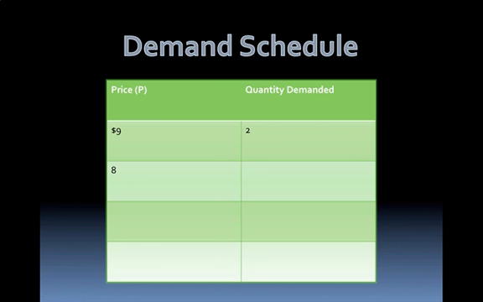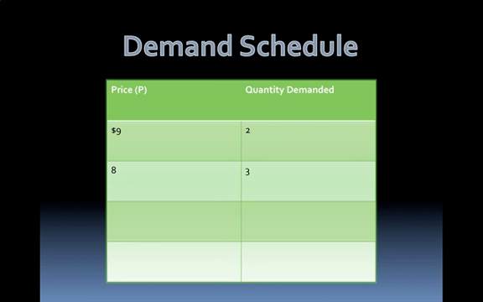And so for $8, the big bargain of $8, I'm going to see how many people are going to want that. Again, I ask people, I walk around, I do what I need to do to see how many people are going to buy it at $8. And lo and behold, I find one more person is going to buy it at $8. Now you're going to see we're not going to put a 1 in quantity demanded, because the two people who were willing to buy it at $9 are surely going to be willing to buy it at $8.